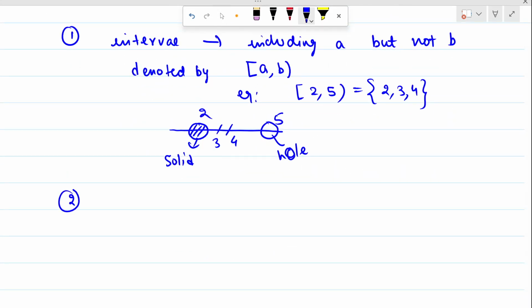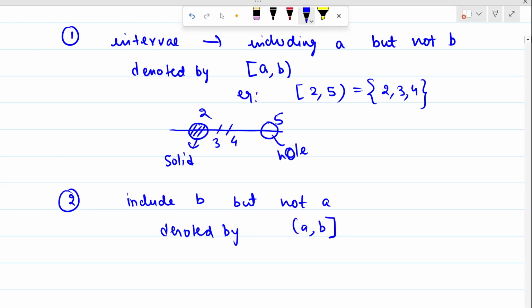The second interval is when including b but not a, and it is denoted by (a, b].